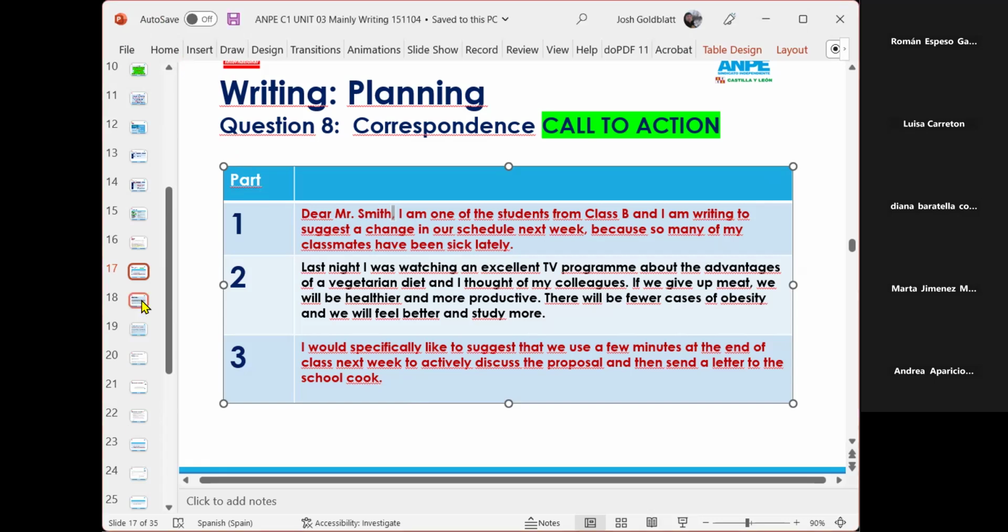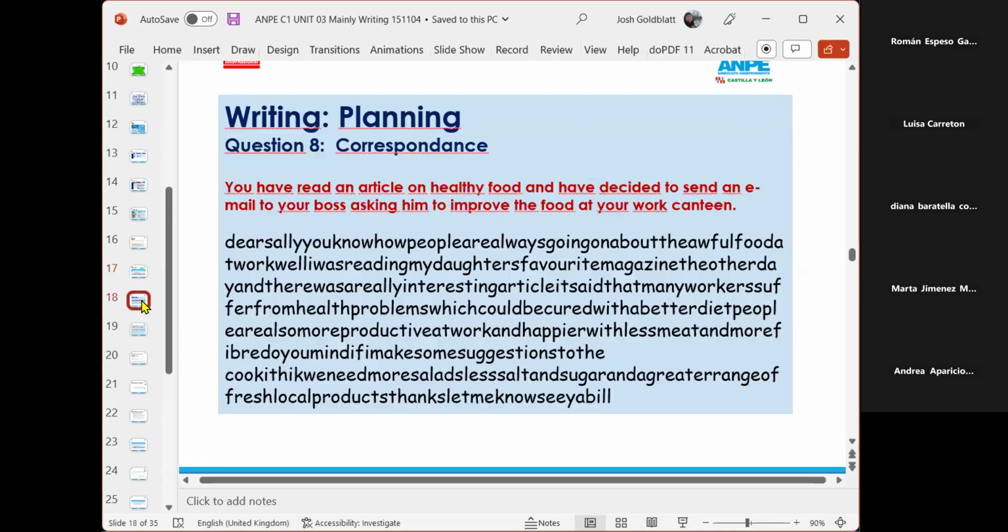Here's another format of the same text. You have read an article on healthy food and have decided to send an email to your boss asking him to improve the food at your work canteen. Read that, please. Your boss's name is Sally, and your name is Bill.